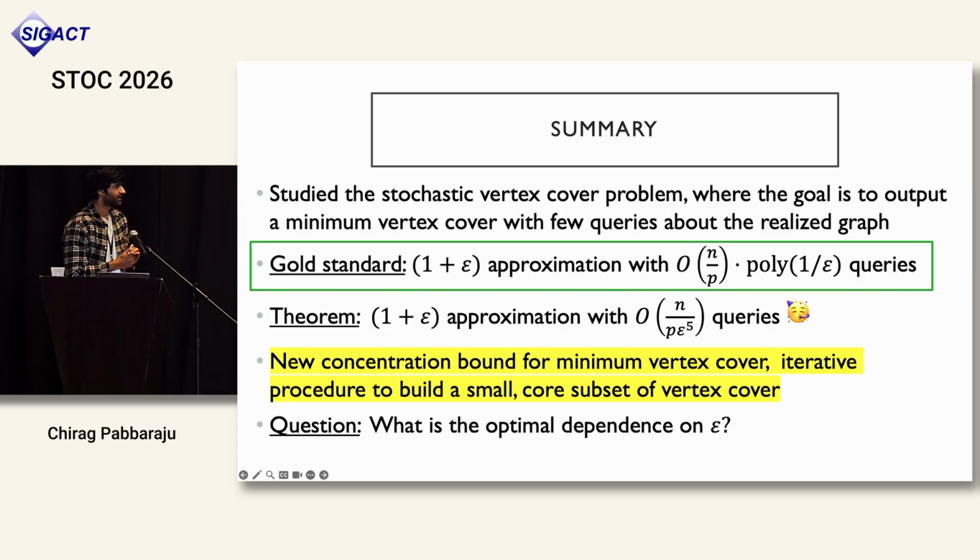And the second thing is, in this iterative procedure that we use, what's special about the vertex cover is that if in the base graph there is a vertex that's adjacent to a lot of edges, and this vertex is not included in a canonical minimum vertex cover for the graph, then I need to include a lot of the neighbors in my solution, because there's a lot of edges and most of them are going to be realized. Because this vertex is not in the vertex cover, I should include all of those. So that's a very vertex cover property.